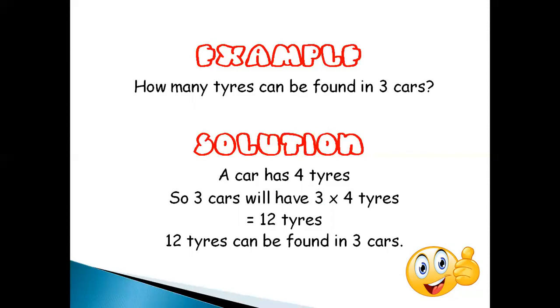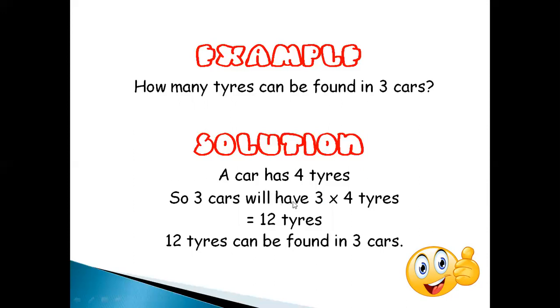Can we count? One, two, three, four. Four tires, isn't it? So if I know the number of tires that a car has, it will be easy for me to know how many tires three cars have. Do you get that? So a car has four tires.